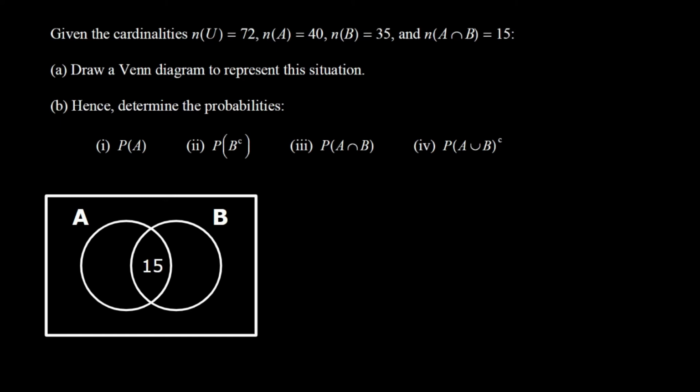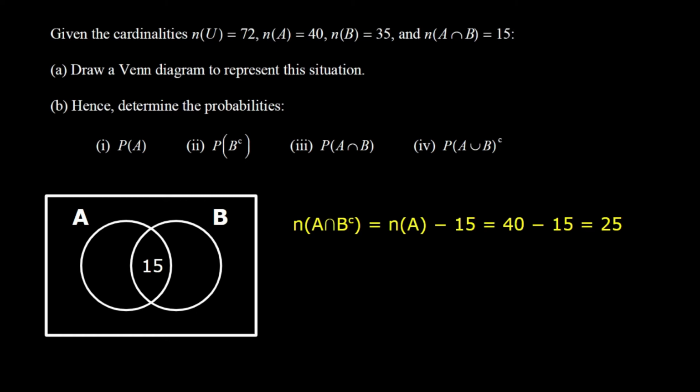So once we know 15 goes in the overlap of our circles, we can then use our circle totals. Remember, these are the number of outcomes in event A and event B, respectively. If I know there are supposed to be 40 outcomes in event A, then I can simply subtract 15 from 40. Remember, this is the A only section of your Venn diagram.